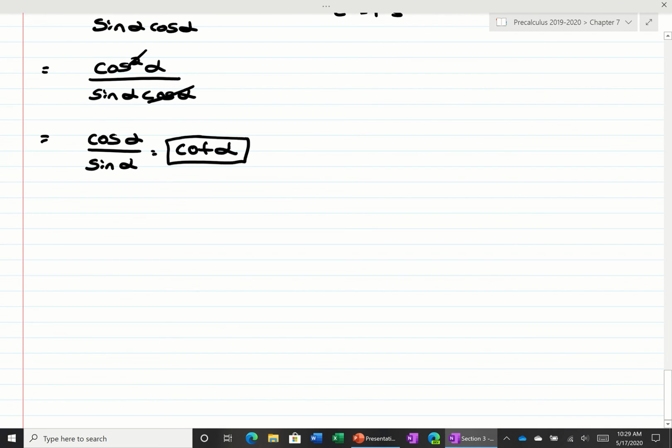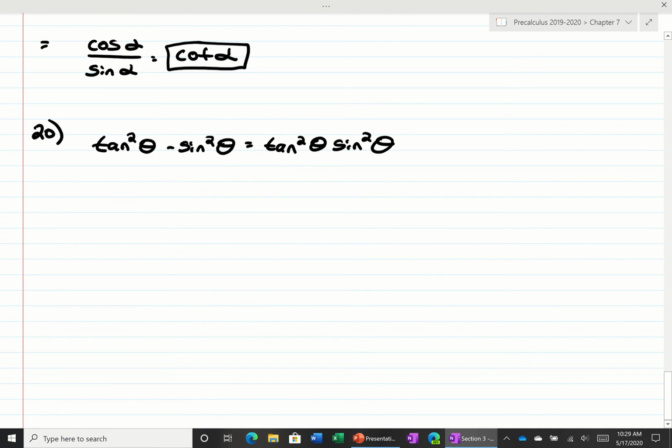Let's go to number 20. Number 20, it says tangent squared of theta minus sine squared of theta is equal to tangent of theta times sine squared of theta. Okay. So, both sides look pretty much the same. If we do convert to sines and cosines, the left side we need to get a common denominator. So I'm going to go ahead and start with the left side.